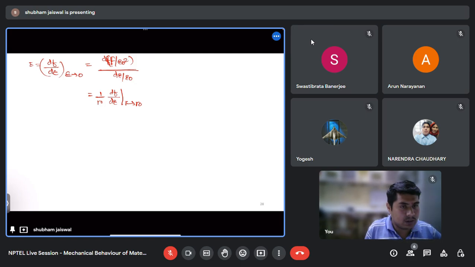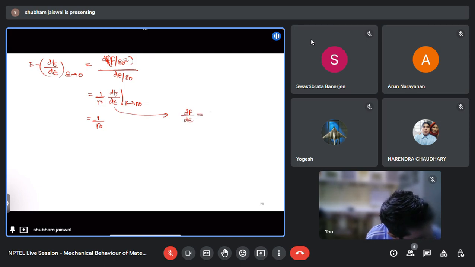Is it correct? Then 1 by r naught, we have already derived this term, that is df upon dr is equal to del square u upon del r square. So it will be del square u upon del r square when r tending to r naught.